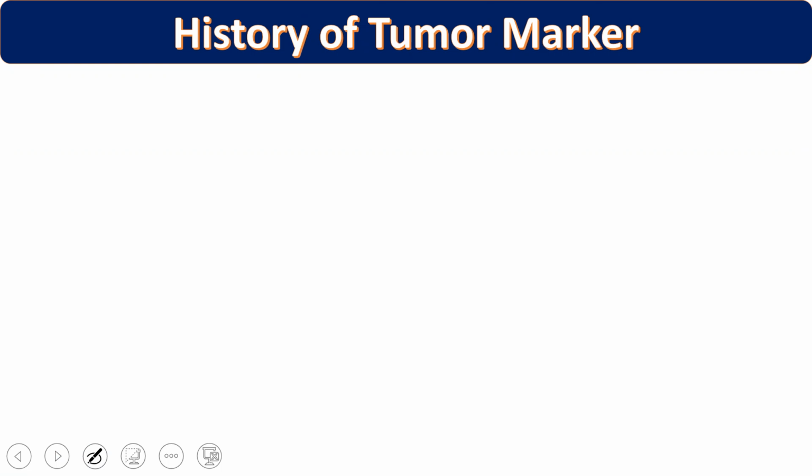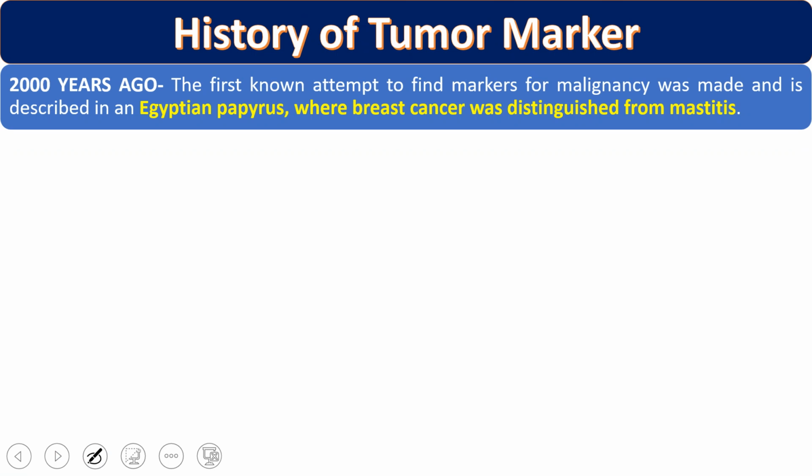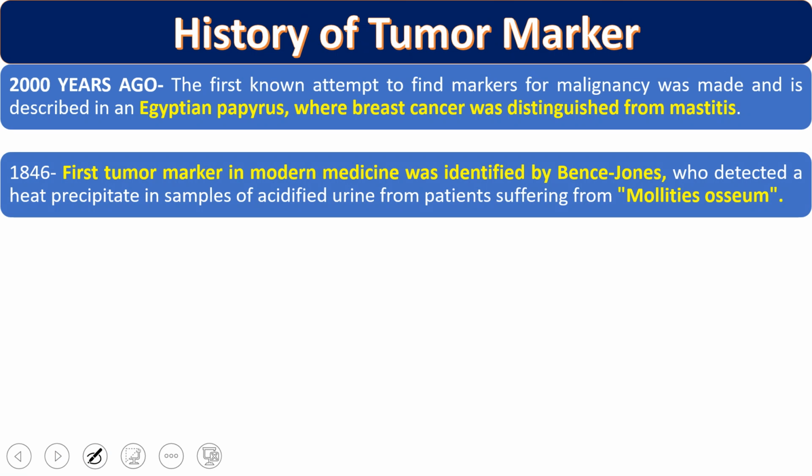We should understand some of the history of tumor markers. Roughly 2000 years ago, the first known attempt to find tumor markers for malignancy was made, described in an Egyptian papyrus, where breast cancer was distinguished from mastitis. Then in 1846, the first tumor marker in modern medicine was identified by Bence-Jones, who detected heat precipitation in a sample of acidified urine from a patient suffering from mollities ossium, and this tumor marker was called Bence-Jones proteins.